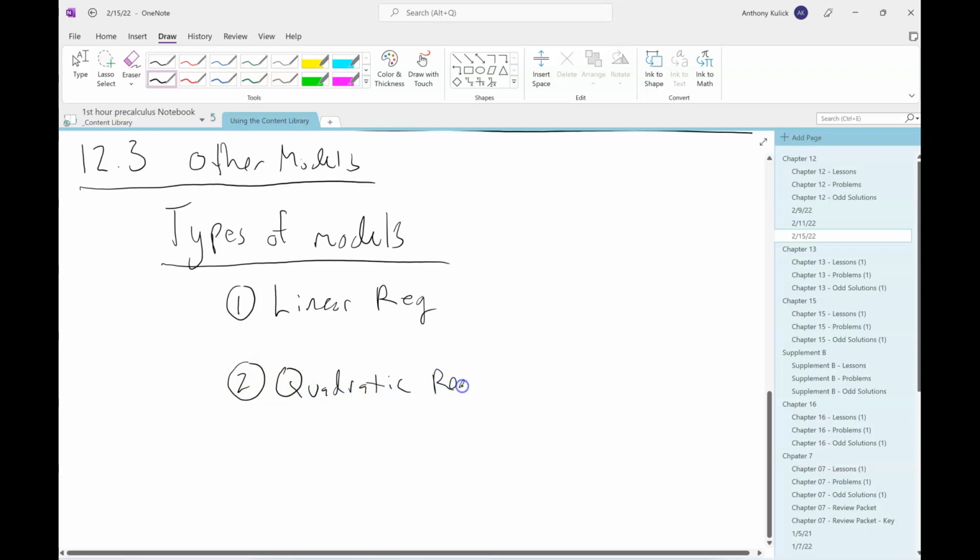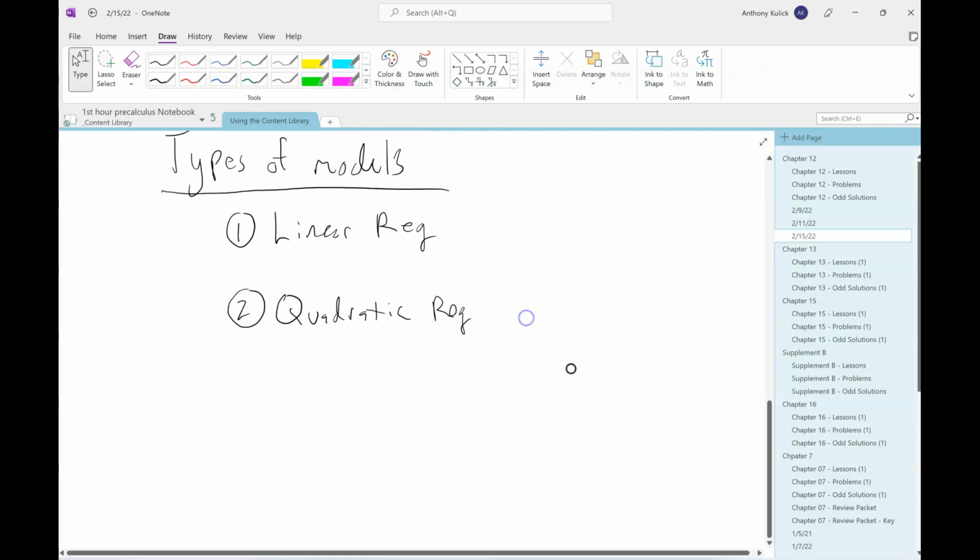There's quadratic regression. What would your scatter plot look like for a quadratic regression? You'd want it to look like a parabola, right? Because that's what the graph of a quadratic should look like. Everybody's okay with that idea?